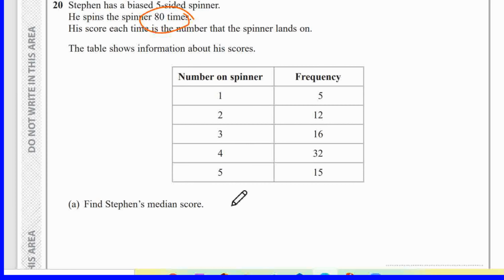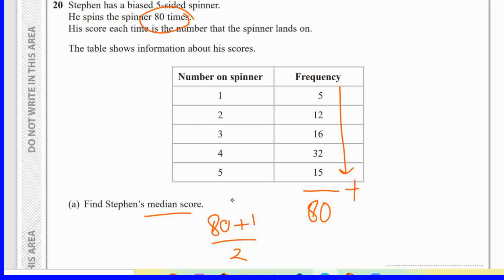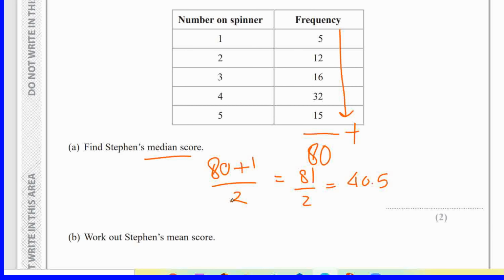So we have to see this. Total frequency is 80. From here to here is 80. Now the median score will be the total frequency plus 1, over 2. We have 81 over 2 is 40.5. Because this gives us a decimal, we have to see the data between the 40th data and the 41st data.